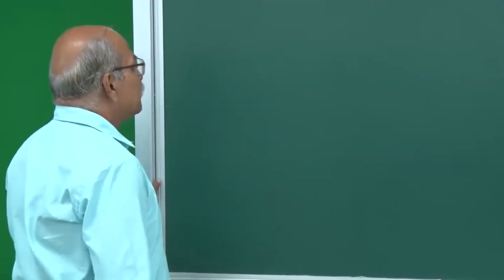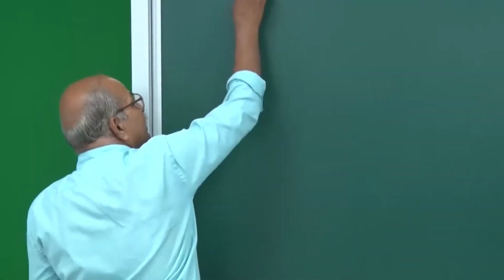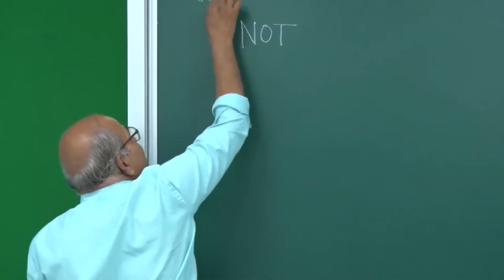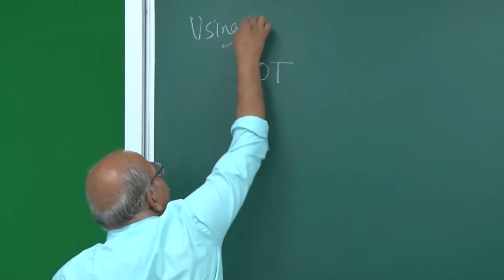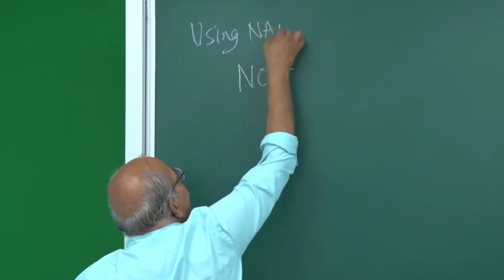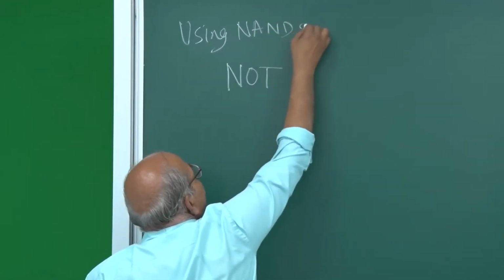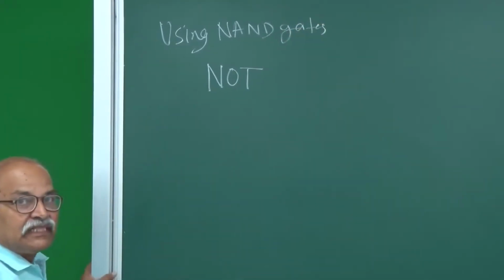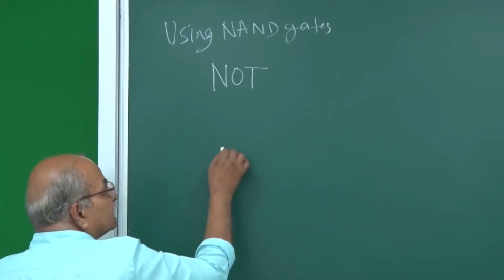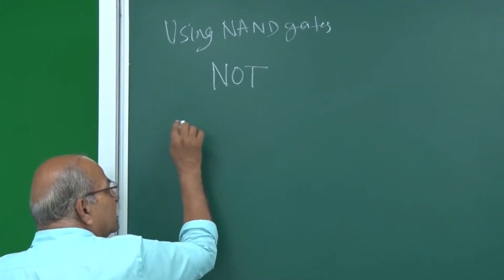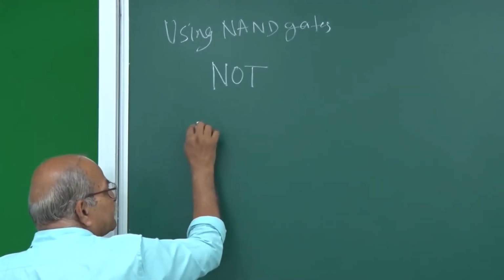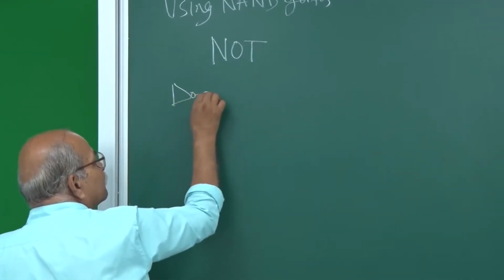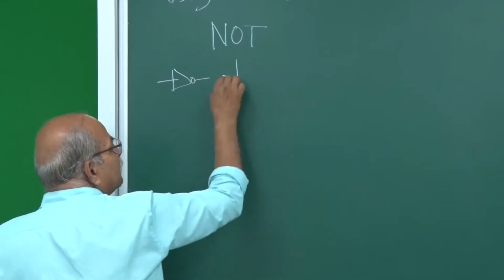First, let us try to make this NOT gate, everything using NAND gates. And pretty simple. NOT is you just take one input and one output, and this was the symbol. And what was the truth table?